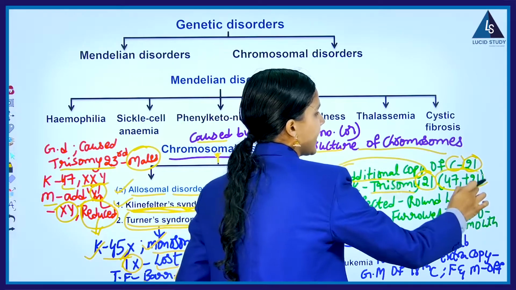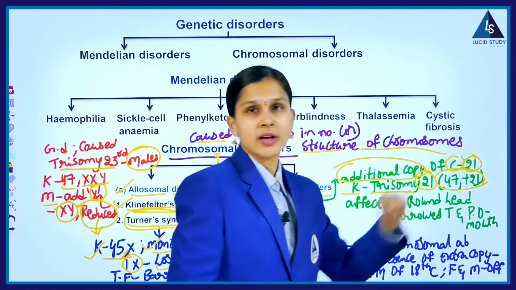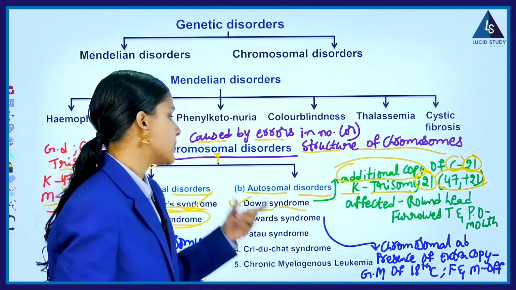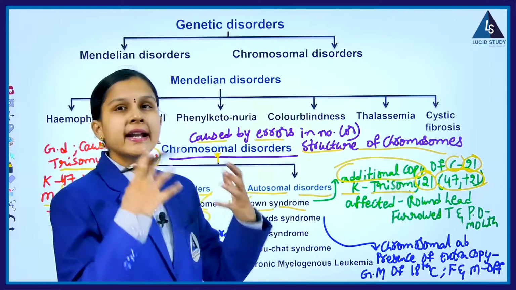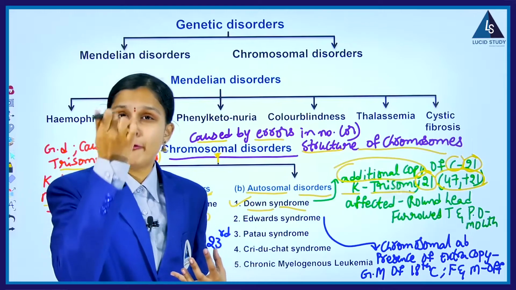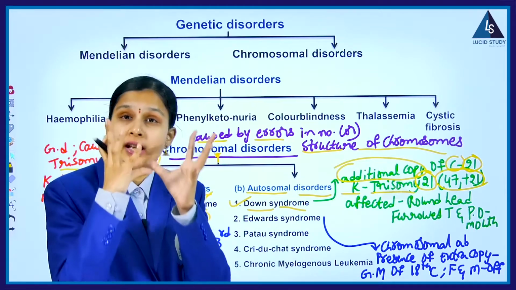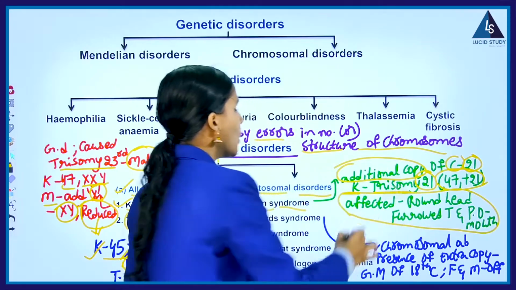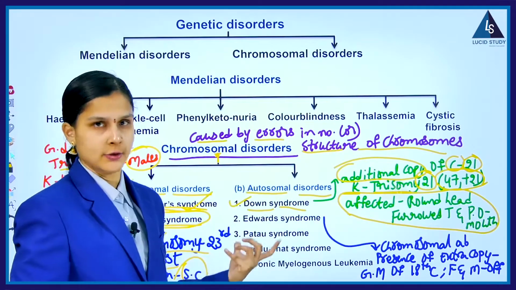In brackets, you can write 47 plus 21. The person who is affected with Down syndrome usually has a very small and round head, a furrowed tongue and a partially opened mouth. These are the symptoms in a person affected with Down syndrome.